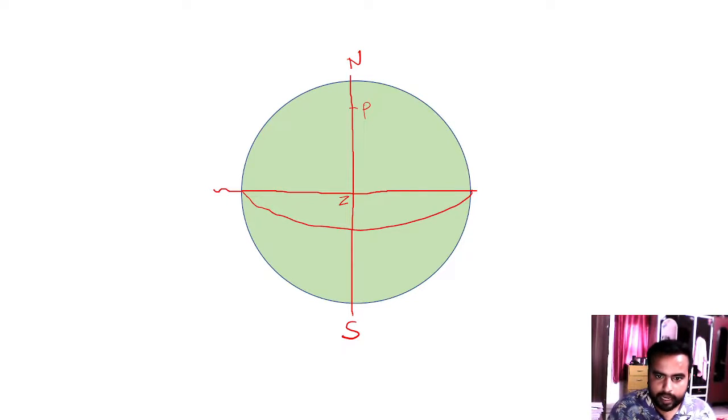This NP and ZQ will be equal, so you have to draw accordingly, because I am just drawing a rough diagram, but if you are drawing as per measurement, then you need to keep these two equal.